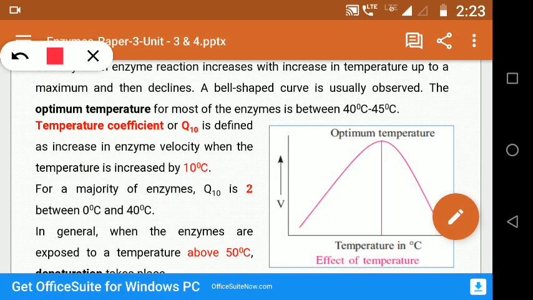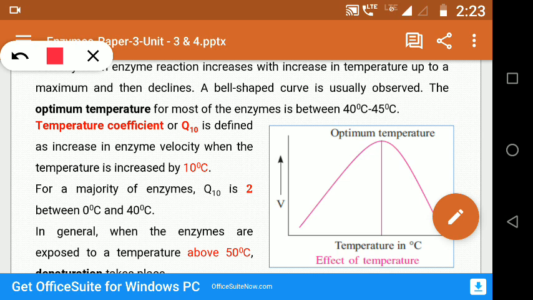So Q10 explains that almost all enzymes will follow this situation, where if we increase the temperature of an enzymatic reaction by 10 degrees centigrade, the enzyme activity will be doubled.